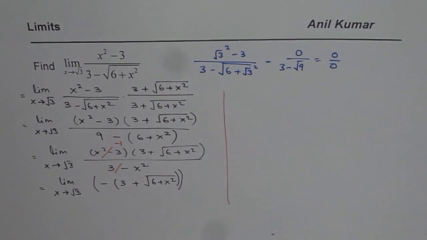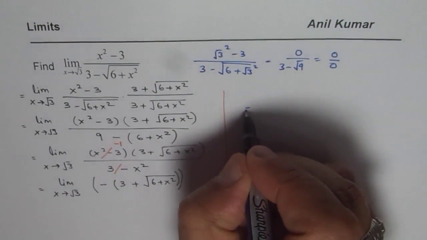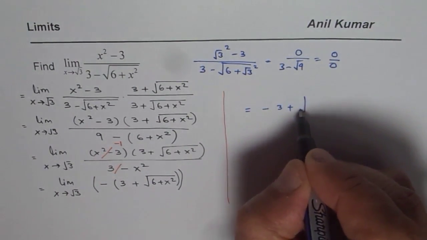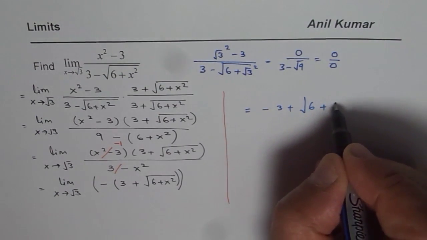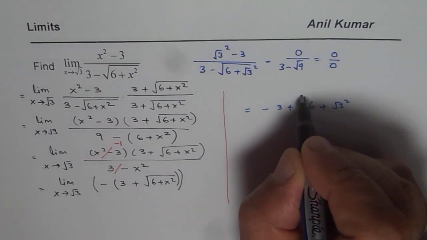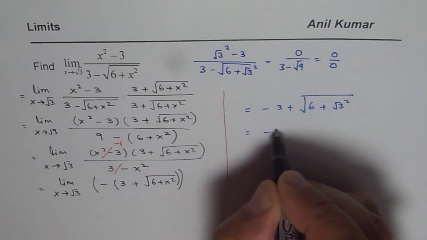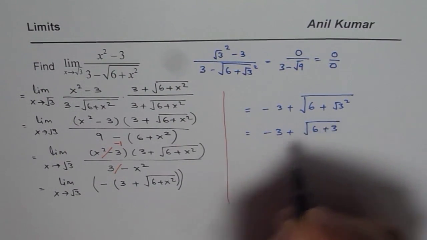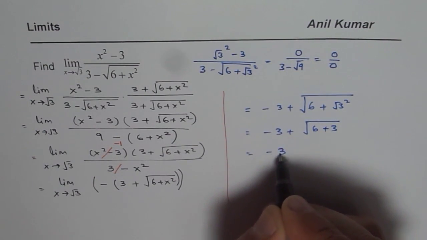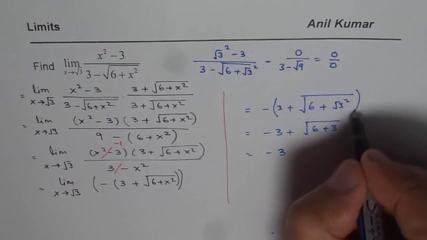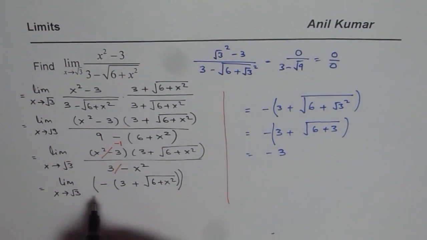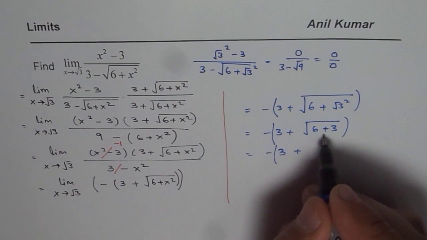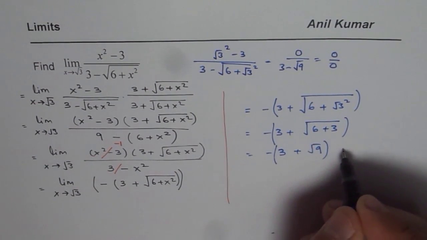Once I substitute, I get the limit is equal to minus of (3 plus √(6 + (√3)²)), and that is minus (3 plus √(6 + 3)). All this is inside the bracket, so minus (3 plus √9), which is 3, right?